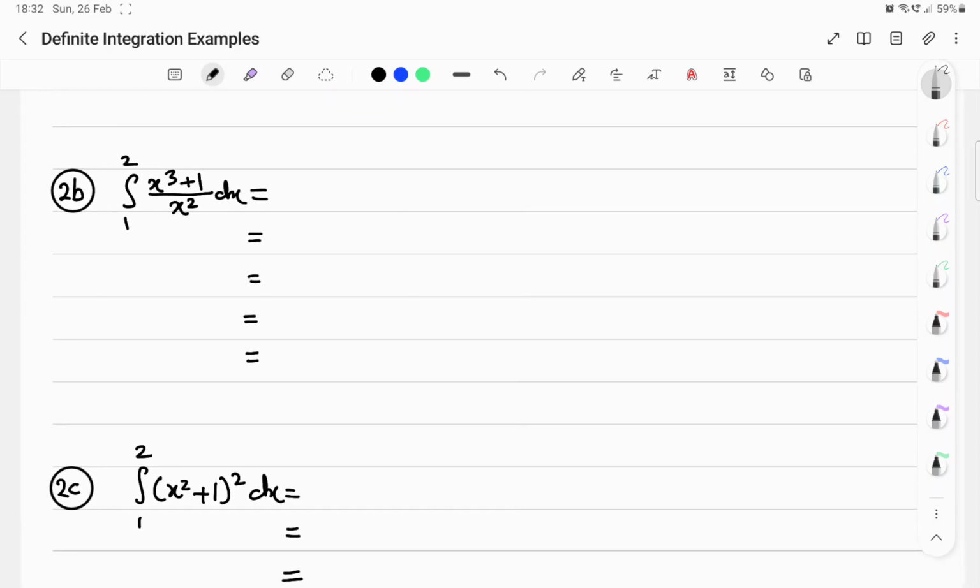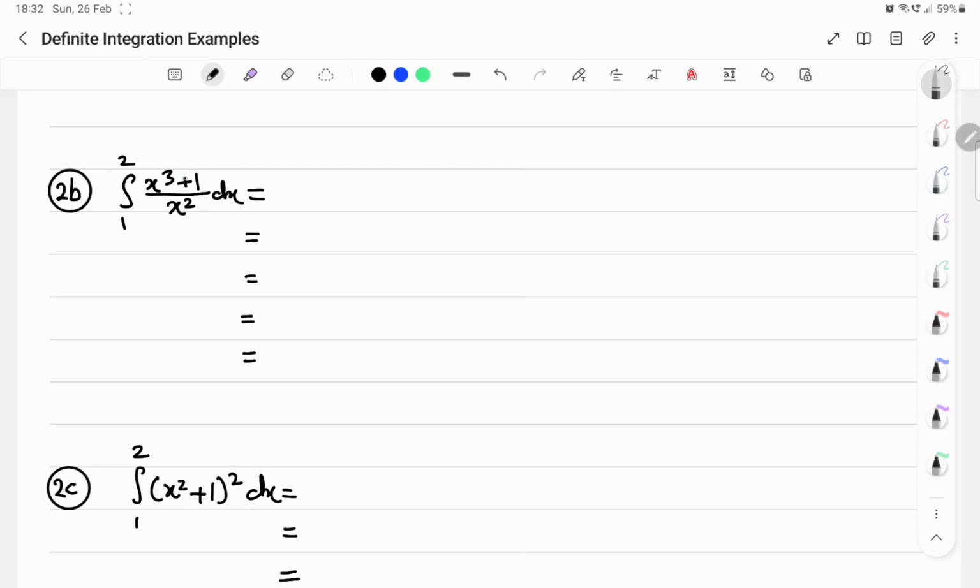So let's go to the second one. For this one, we cannot directly integrate them. We have to simplify them first by separating the fraction. No need to do separate integration like this. You can if you want, but it's not needed. We just separate the fraction.